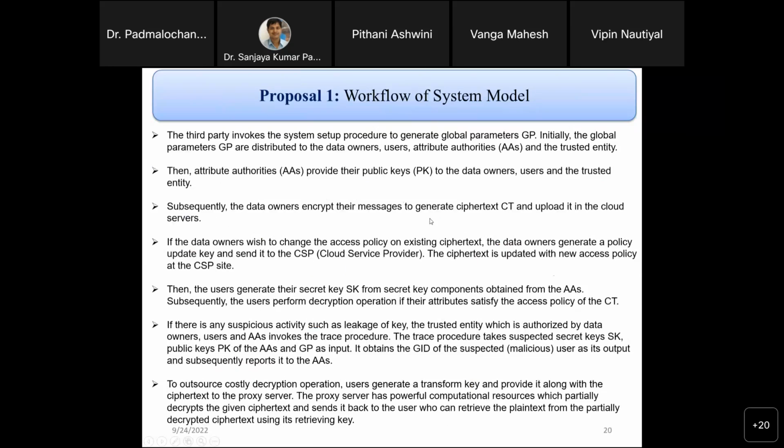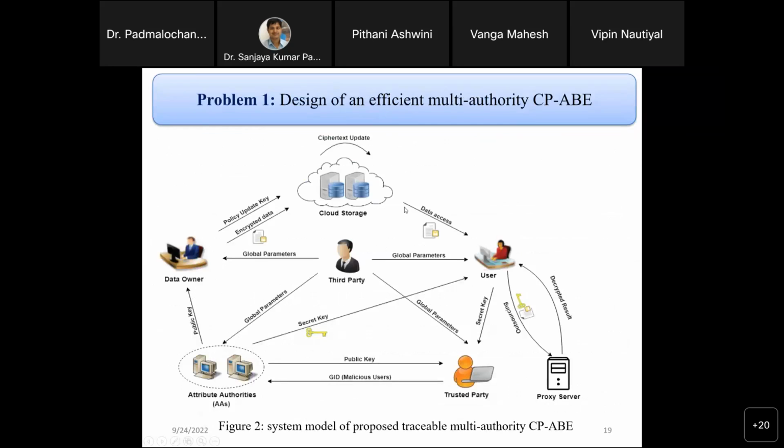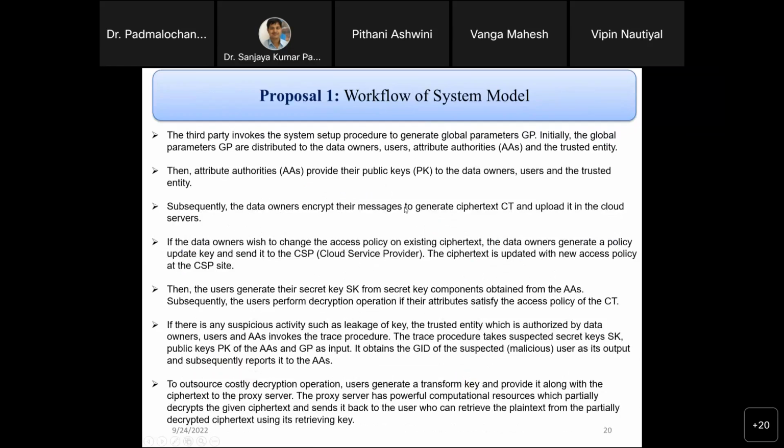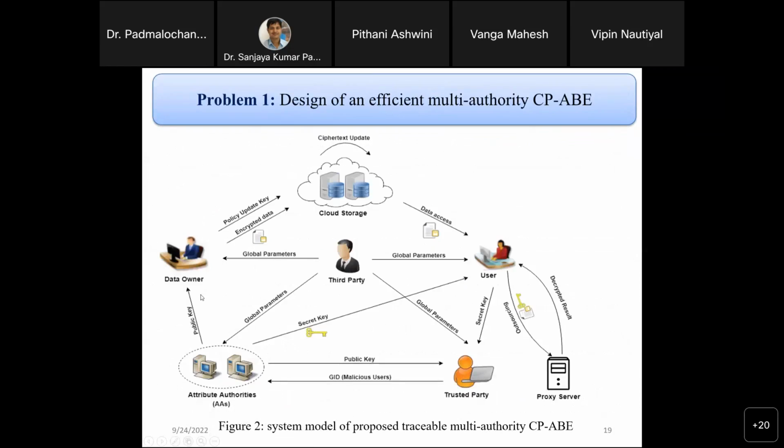Subsequently, the data owner encrypts the message to generate ciphertext CT and uploads it to the cloud. If the data owner wishes to change the access policy on an existing ciphertext, then the data owner generates a policy update key and sends it to the cloud service provider. This policy updation I have not discussed here; I will discuss it in the next few slides.